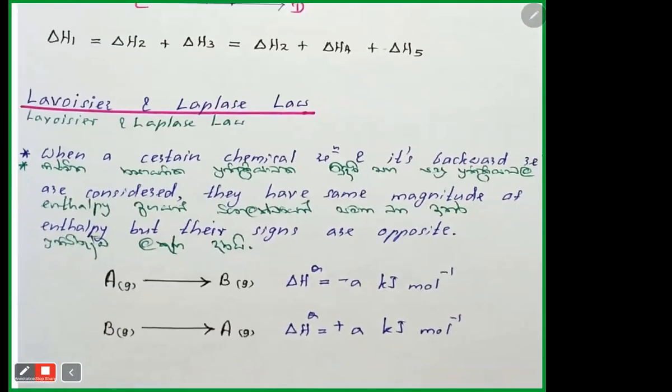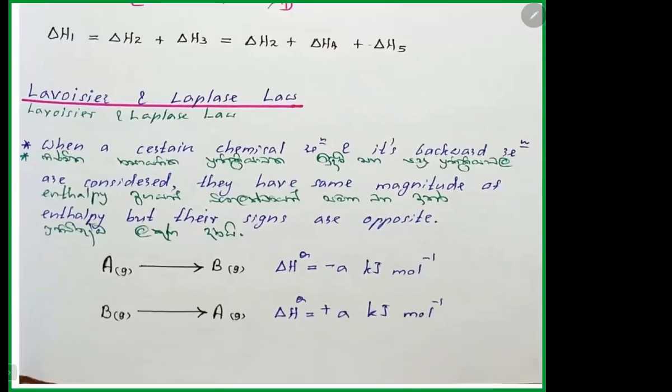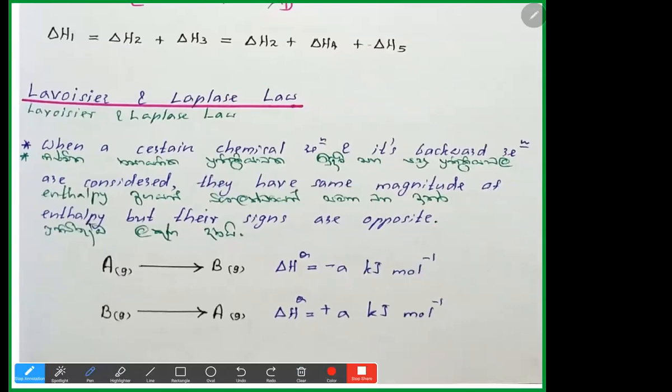See, this is again really important when you are doing calculations. If you have this knowledge, getting the answer is easier. Let's say they gave one reaction in one direction, A goes to B, but we need the enthalpy for the opposite direction. So we are just changing the sign.